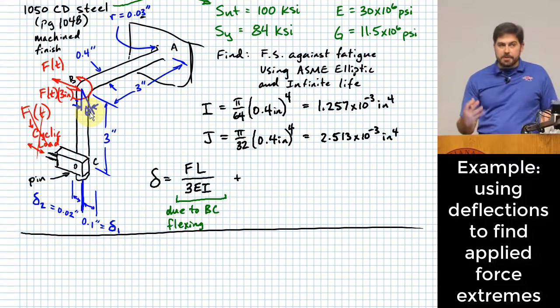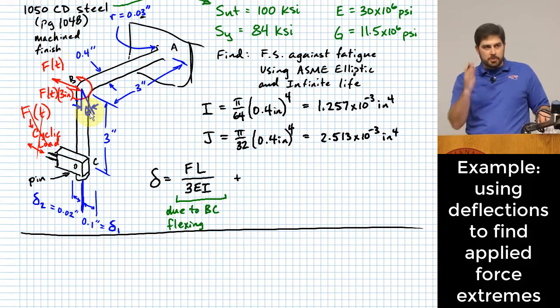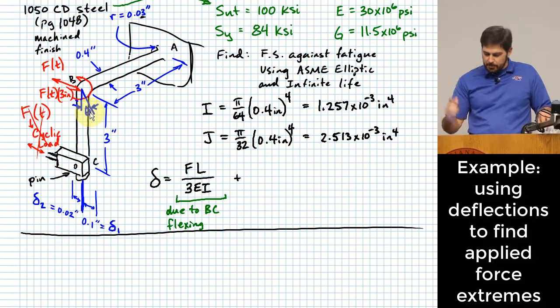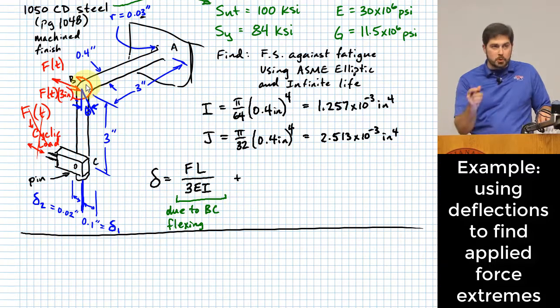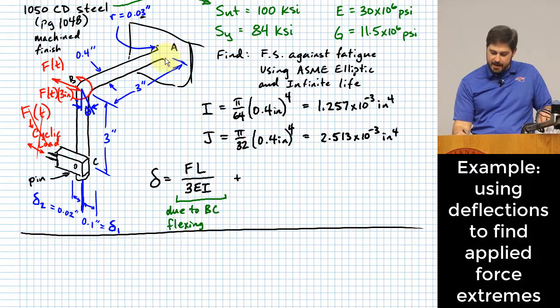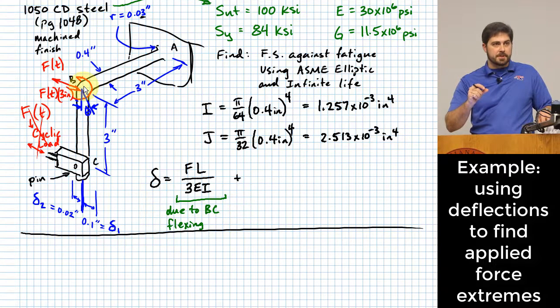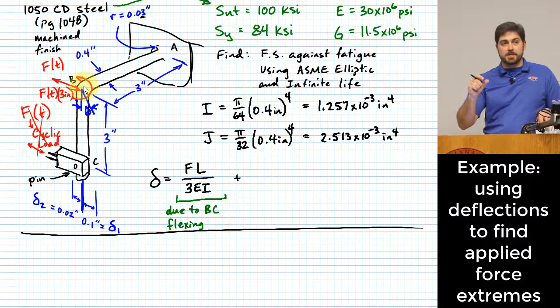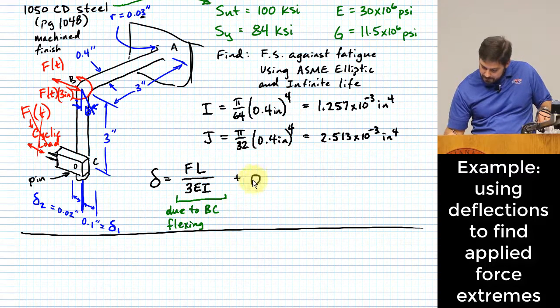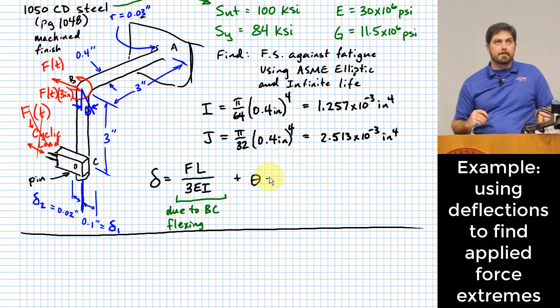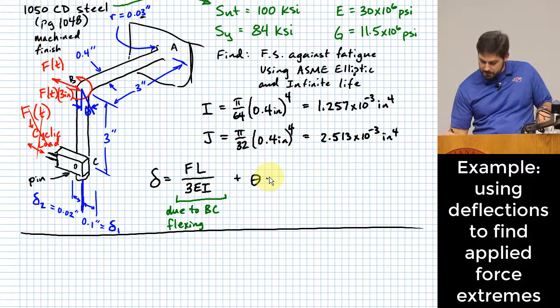If this is the only deflection going on, this deflection happens because rod AB twists, because it's being held from twisting at A, but at B it's free to twist a little bit because it is flexible over that length. Okay, so that's going to be theta times what? Times 3 inches.